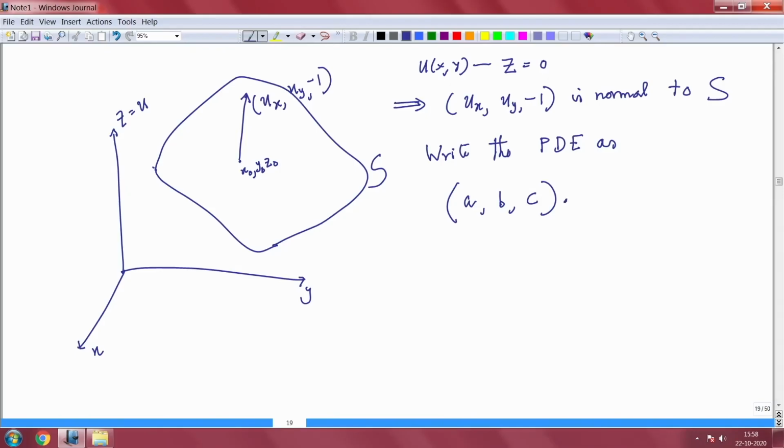So, (u_x, u_y, -1) is the normal. Whenever there is a normal to a surface, as we have already studied, there will be a plane which we call a tangent plane. So, there will be a tangent plane.